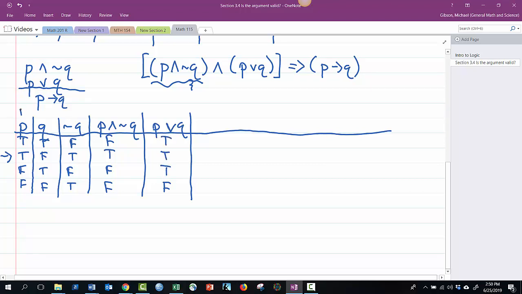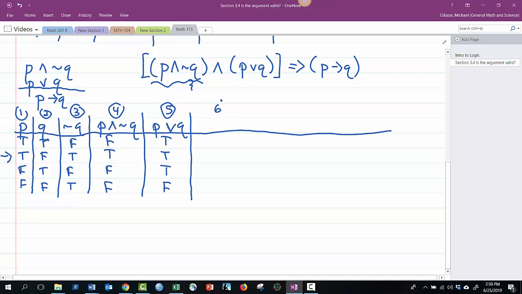Let's number my columns again. All right, so now I have everything that's to the left of my big if-then. So let's go ahead and evaluate all the stuff to the left.